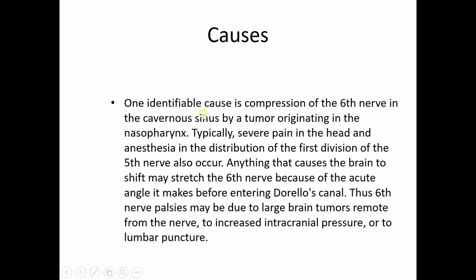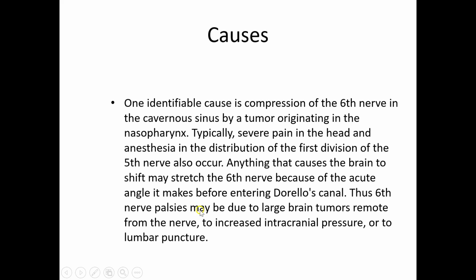Some of the causes that we can discuss: one of the identifiable causes is compression of the sixth nerve in the cavernous sinus by a tumor originating in the nasopharynx. Typically, severe pain in the head and anesthesia in the distribution of the first division of the fifth nerve also occur, because it travels along with the sixth nerve in the cavernous sinus. Anything that causes the brain to shift may stretch the sixth nerve because of its tortuous route in the brain stem, and the acute angle it makes before entering the Dorello's canal.